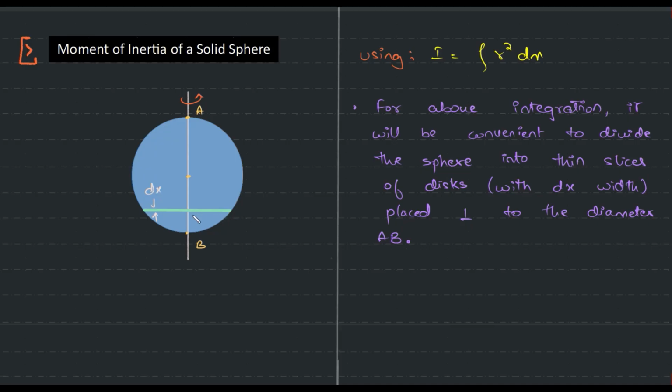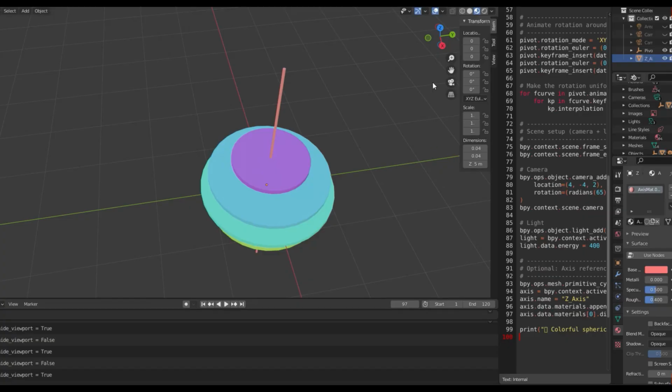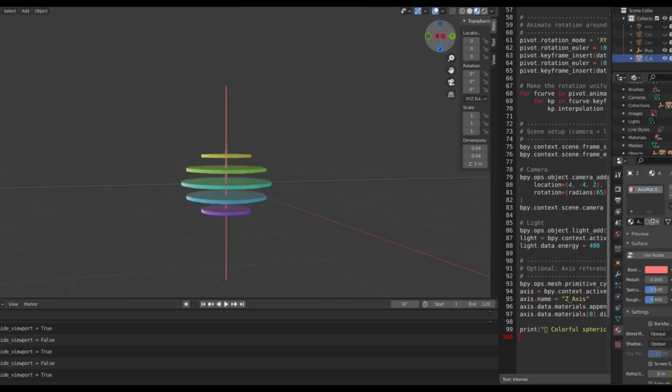This is of width dx. So we are dividing into many such disks. The disk size will not be the same, right? If I take some disk over here, one more disk over there, and one more over here, it won't be uniform. If we keep slicing that way, it would look something like this.